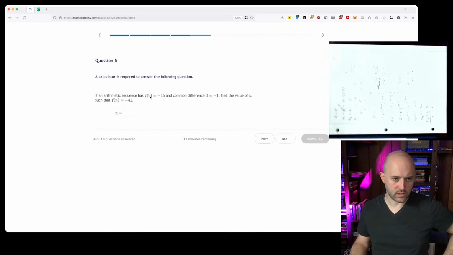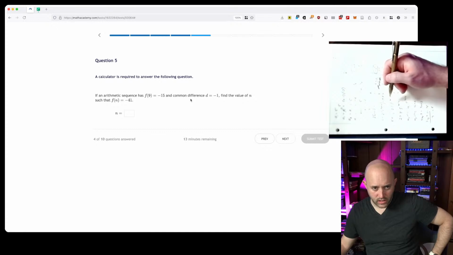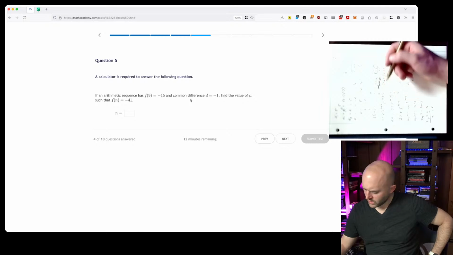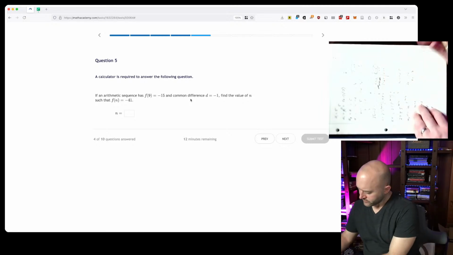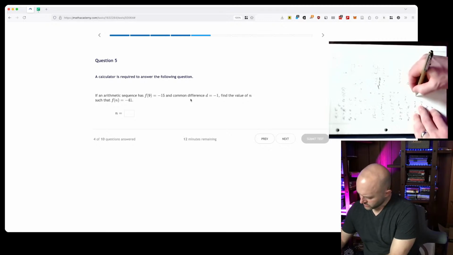Arithmetic sequence as f of 9 is -15, common difference of -1, find the value of n such that f of n is -41. Okay. Let's just run this down real quick.